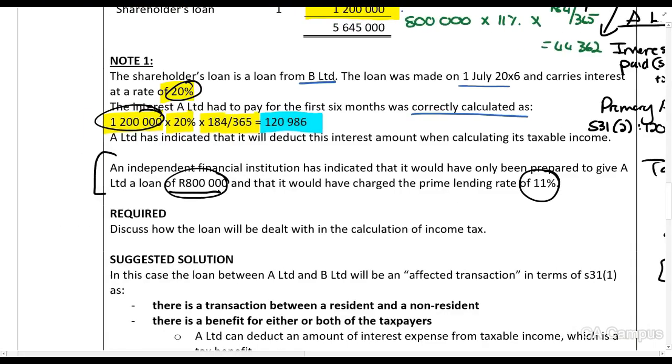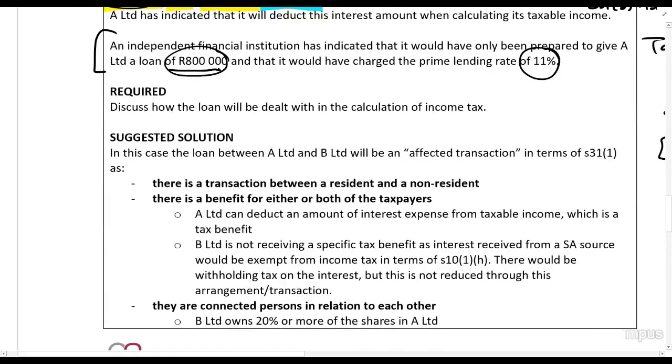In this question, I ask you to do a discussion. Just to show you how you would set up your discussion, you would first talk about whether there's an affected transaction in terms of section 31. When will there be an affected transaction? When there's a transaction between a resident and a non-resident, and there's a benefit for either or both of the taxpayers.